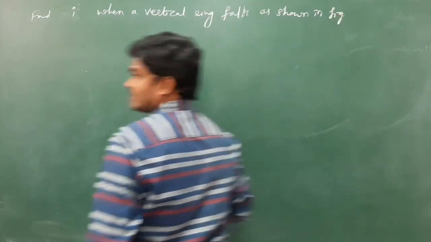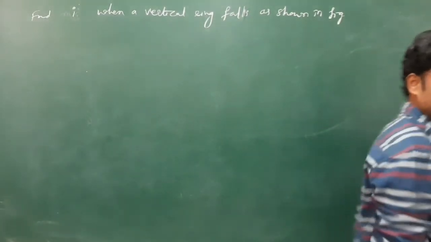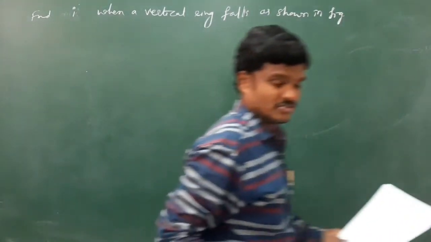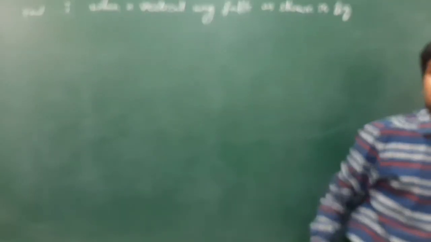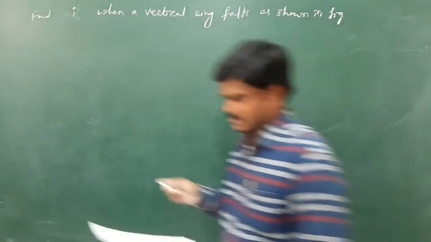See here I am going to draw the diagram. Just you see the diagram. Here we have to find magnitude and direction of induced current when a vertical ring falls.